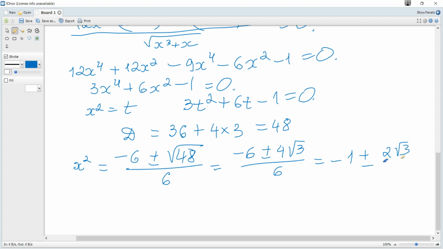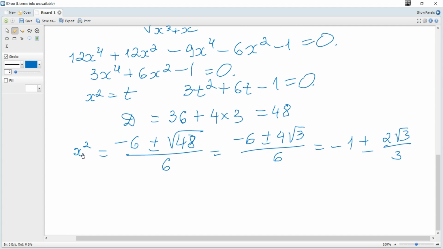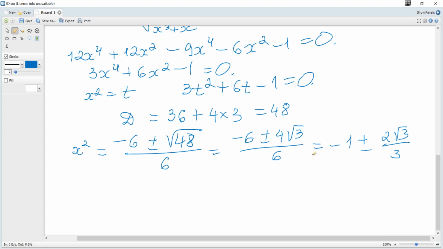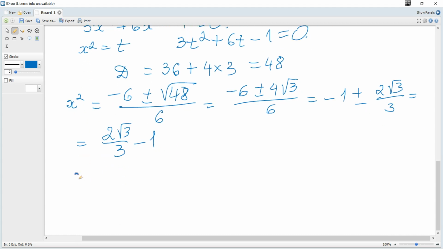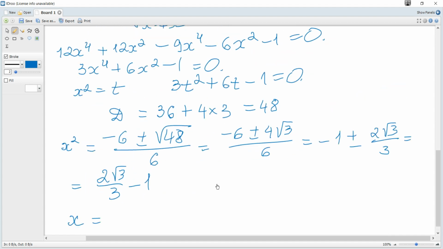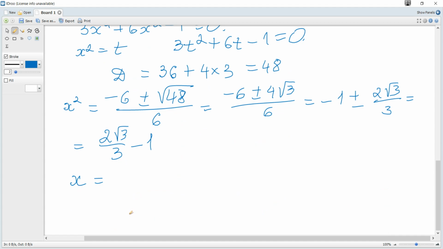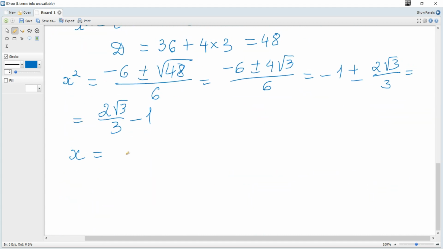2 root 3 over 3, but x squared must be positive, so it means there will be a root only when it's positive, so we can take only 2 root 3 over 3 minus 1, and hence x is again plus minus square root, but it is given that x is positive, so x will be the positive square root of 2 root 3 over 3 minus 1, and it is given the required form.